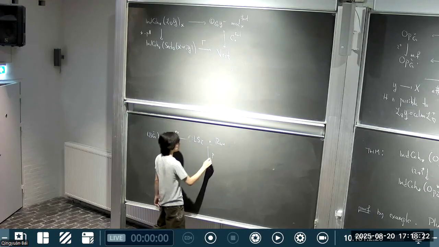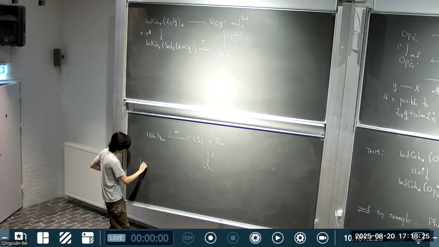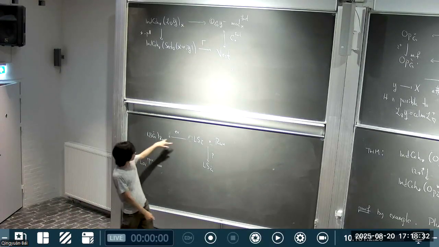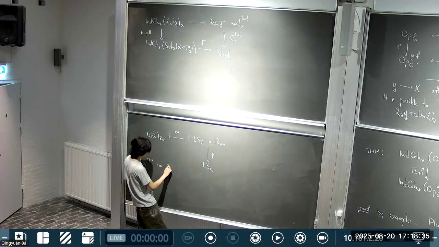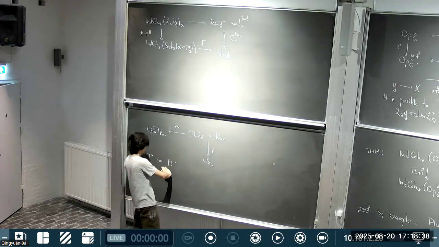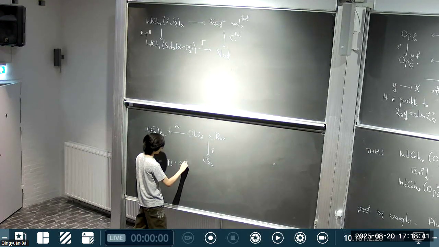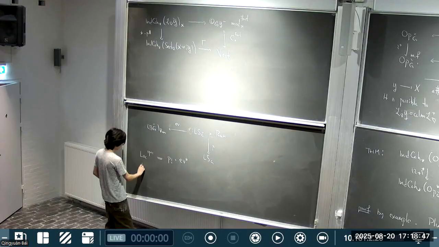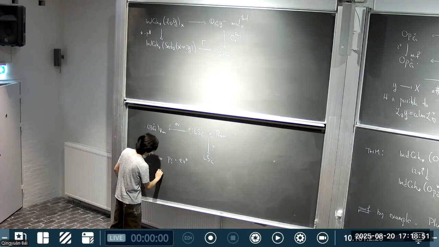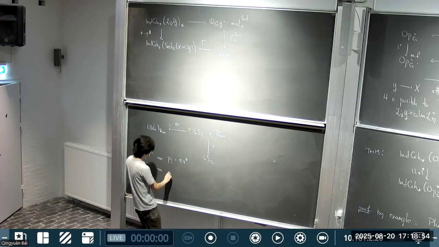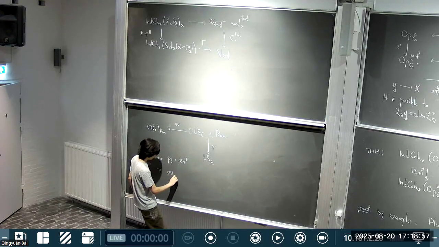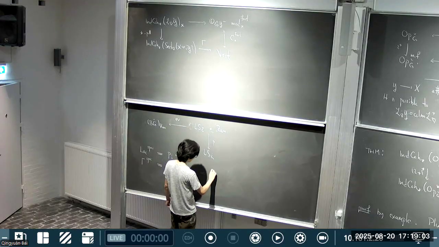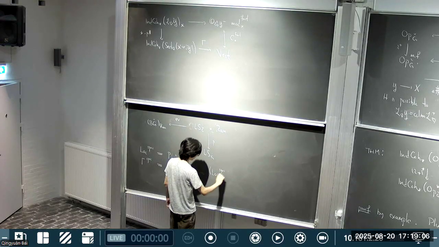The definition of log spec was: you have something here, you pull it back, and then you push forward. Gamma spec is just going in the other direction, by definition. Note that this is the right adjoint of the closed embedding. That's another way to think about it.